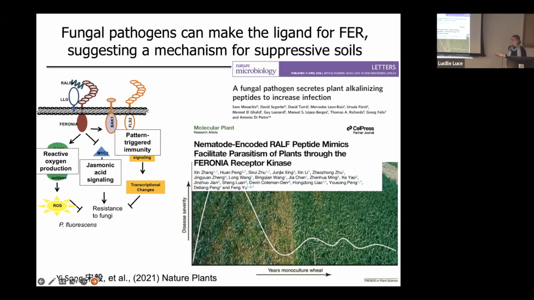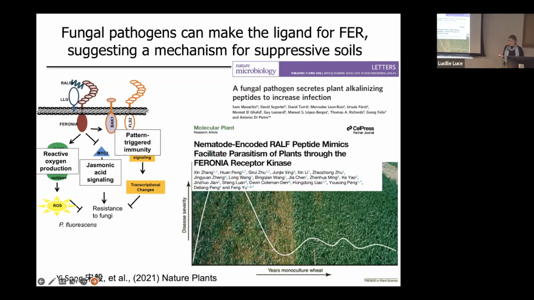Jasmonic acid is required for resistance to both fungal pathogens and nematodes. We thought that was really cool because this could potentially be a way for plants to sense these fungal pathogens and nematodes and then enrich for Pseudomonas, which has been implicated in suppressive soils.